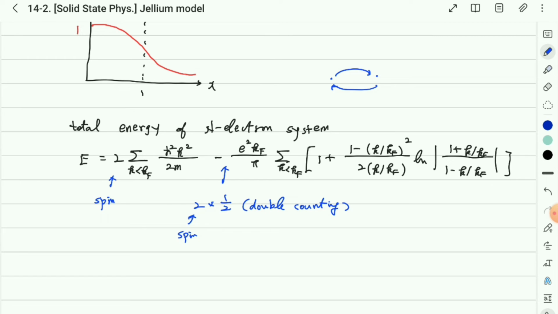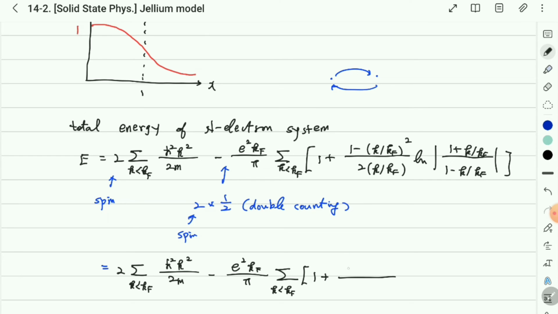Then we can write down 2 summation over k below kf of h bar square k square over 2m, minus here, when you multiply the kf in the numerator and denominator, e square kf over pi, and the summation for k lower than kf of 1 plus.